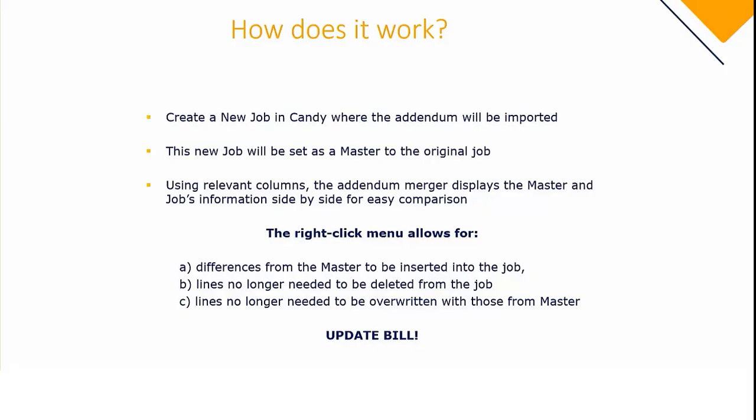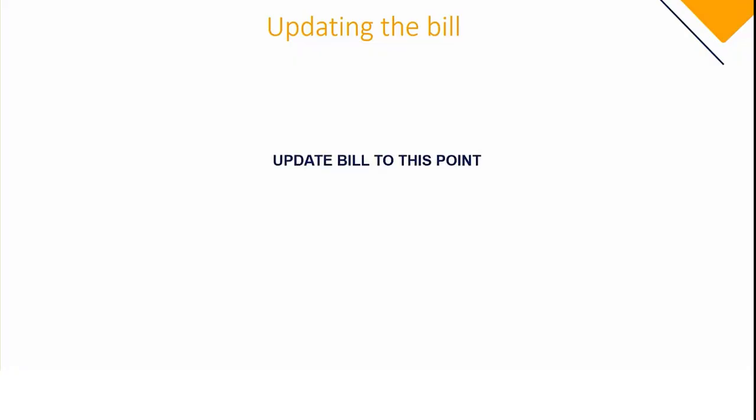Now, when it comes to updating the bill, you have two options. You can either update the bill to this point or just update the bill. Updating the bill to this point is useful when you want to stop and record the work that you've done up to this far.